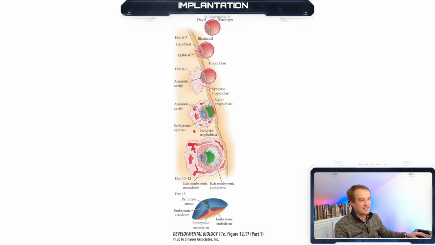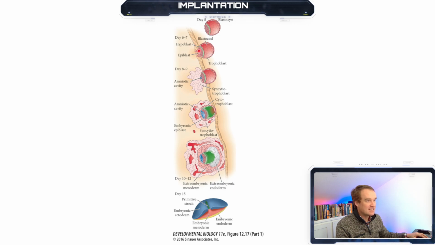At days 5 through 9, up at the top here, is where implantation starts. The inner cell mass delaminates hypoblast cells that line the blastocoel. So we start to get this delineation occurring, and this forms the extraembryonic endoderm in the primitive yolk sac.